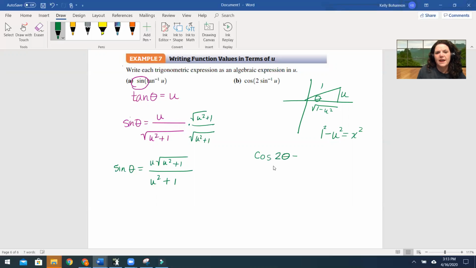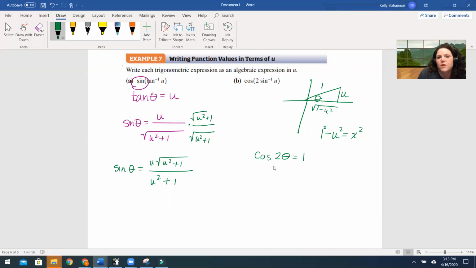All right, so cosine 2 theta, I could use cosine squared theta minus sine squared theta. I could use 1 minus, why don't I know it off the top of my head? And I don't think it really matters which one you use, especially since I have my triangle right here, you're going to get the same answer no matter which one you use. So let's use, since sine is just u, that's easier than all this craziness.